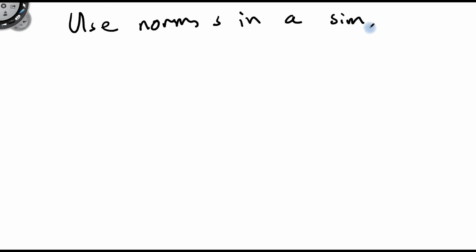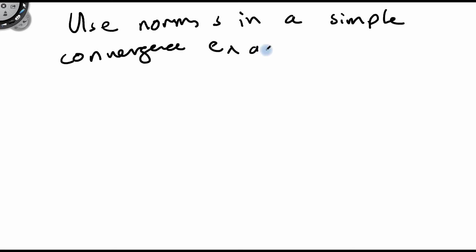So the next thing to show you is how we can use this for convergence. So let's use norms in a, shall we say, simple convergence example. Now we're going to change from a fixed vector to one that's a function of n.